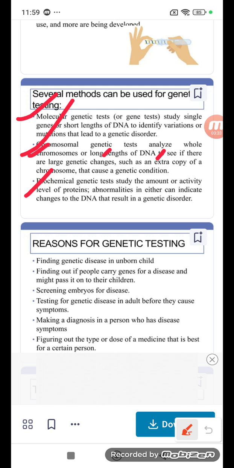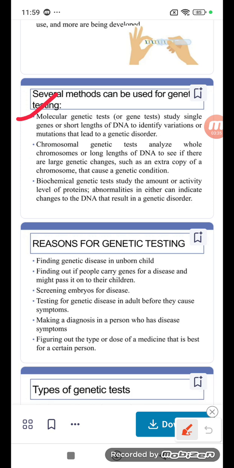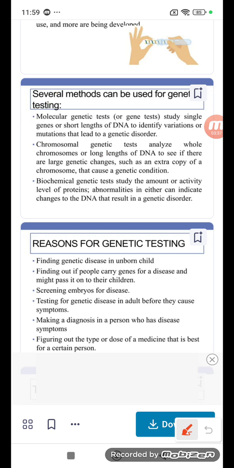The molecular genetic test only studies the genes, chromosomal only chromosomes, biochemical proteins. These are the three main basics of identification of genetic problems under testing.